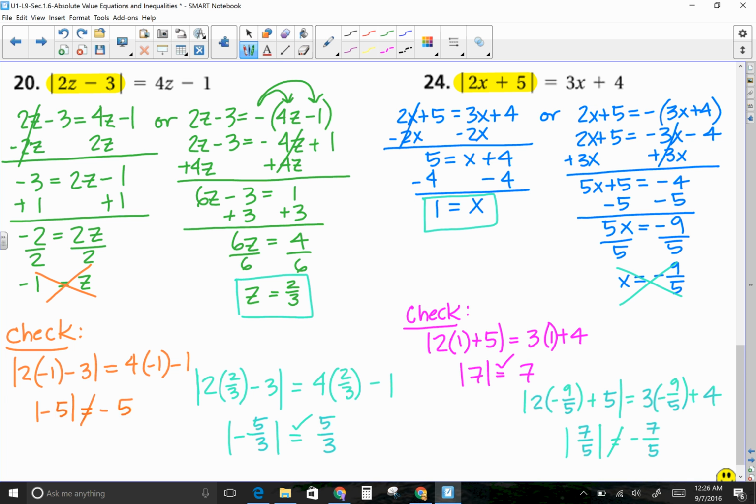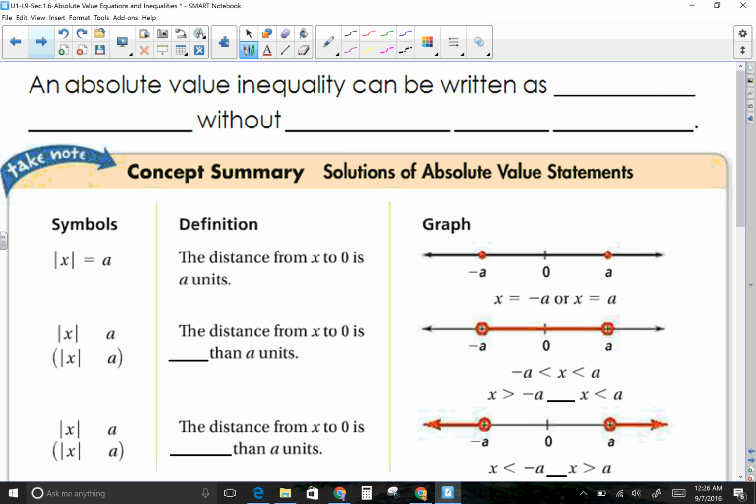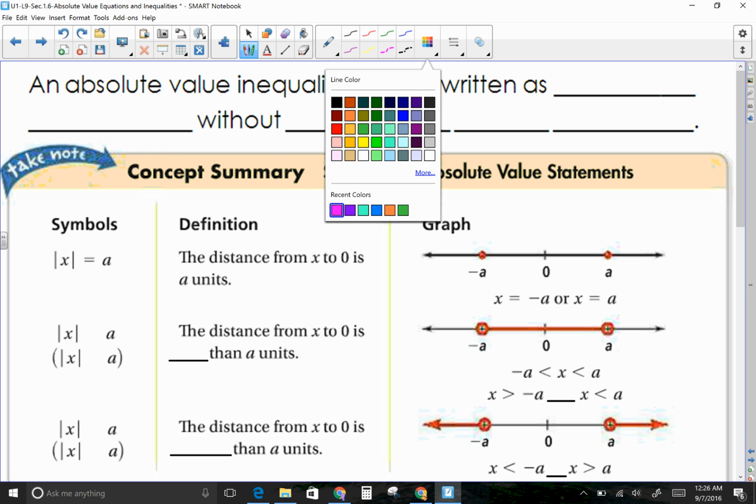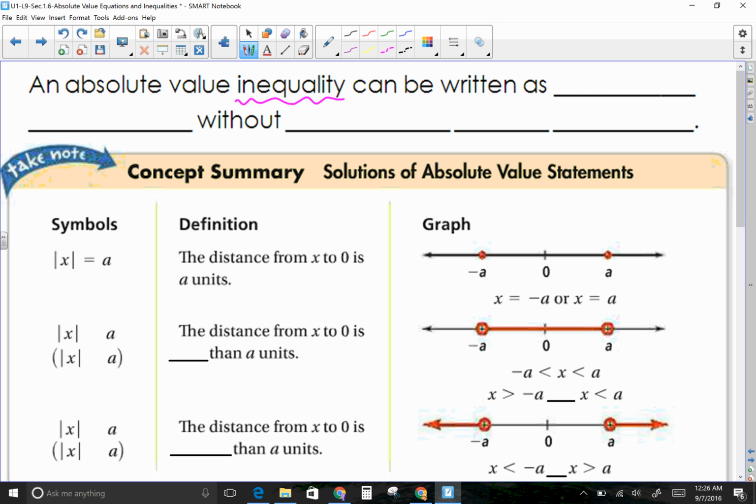All right, so if you have your note sheet and you turn it over, we are now going to talk about inequalities. Okay, an absolute value inequality can be written as a compound inequality without absolute value signs, symbols, however you want to call it.